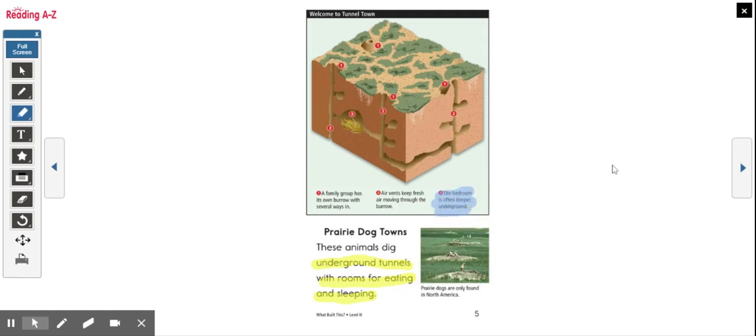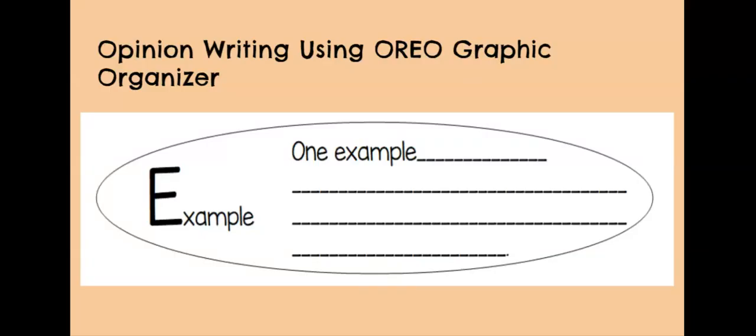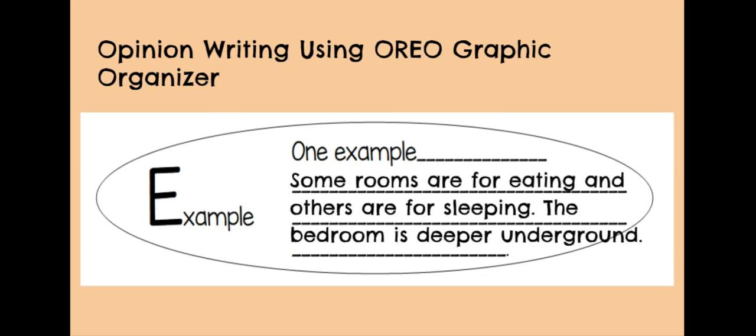That is an example of how prairie dogs have different rooms in their home. So I can use that in my writing. Now I can use that information from the text to write my sentence about an example. Some rooms are for eating and others are for sleeping. The bedroom is deeper underground.